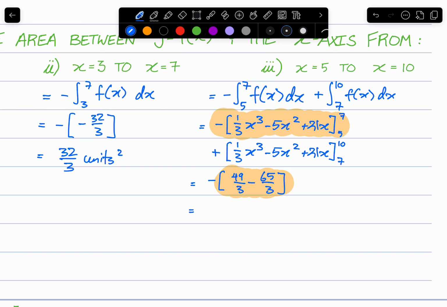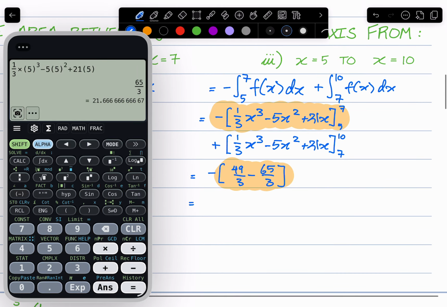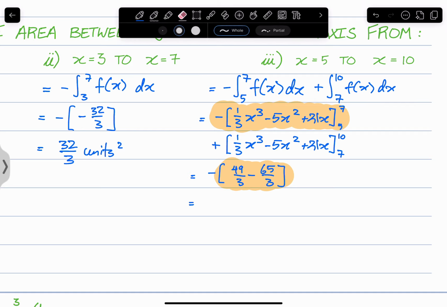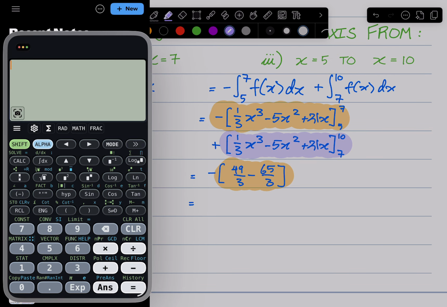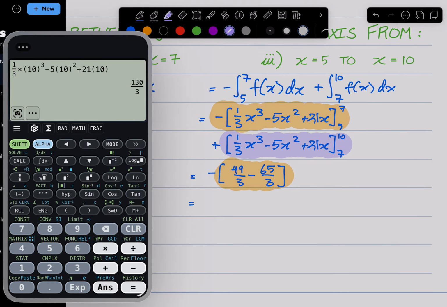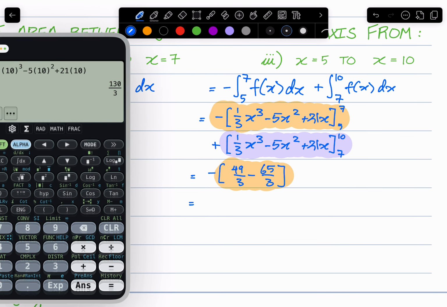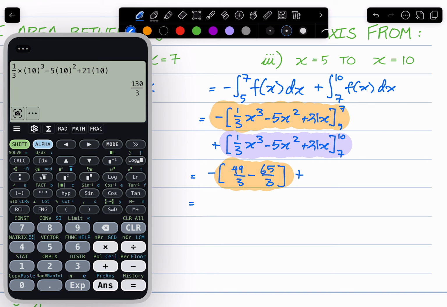Let's now substitute the next part here, and on this one, let's do this one in purple. It's going to be the 10. The 10 we had here is going to become plus 130 on 3 minus, and the 7 was 49 on 3.